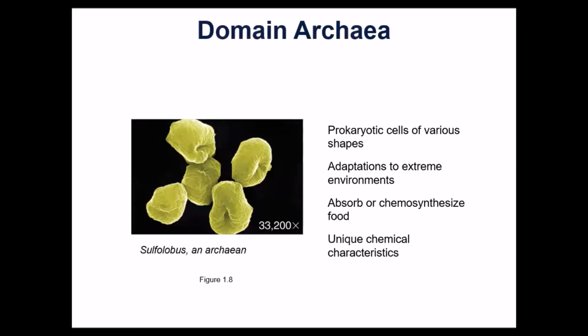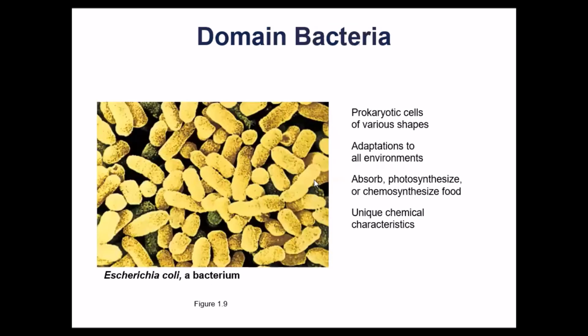Then a couple of examples here. The domain Archaea is listed here. It's a type of bacteria. They're prokaryotes, very adapted to extreme environments, high temperatures, acidic conditions, different extreme areas. Here's your bacteria, if you're familiar with E. coli or salmonella type bacteria.